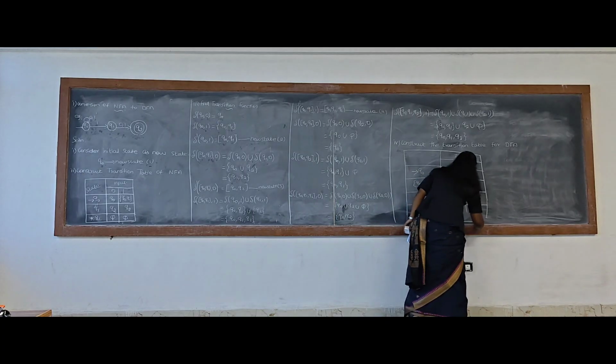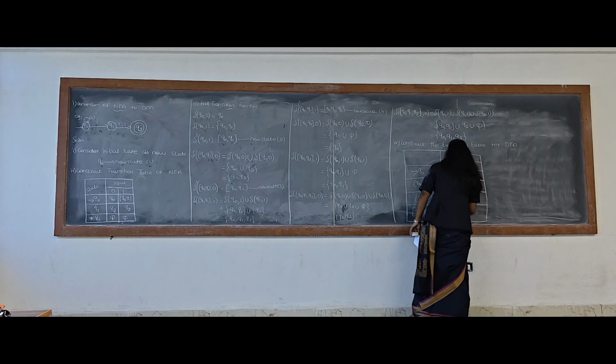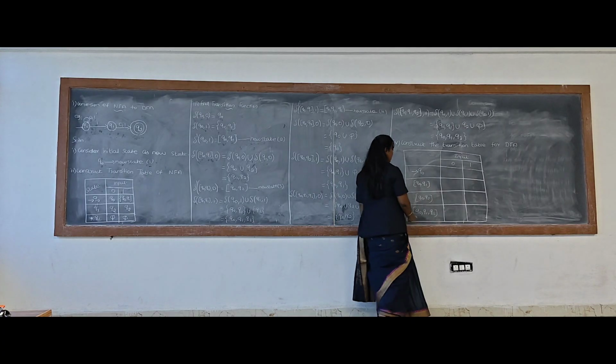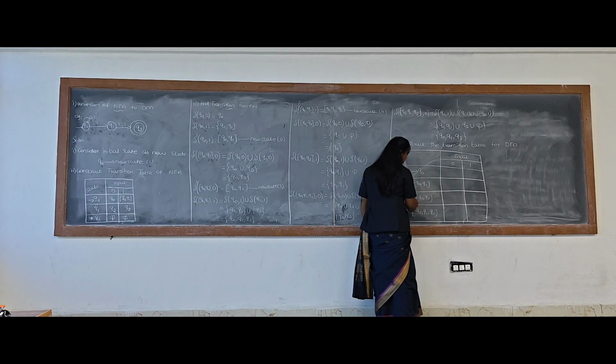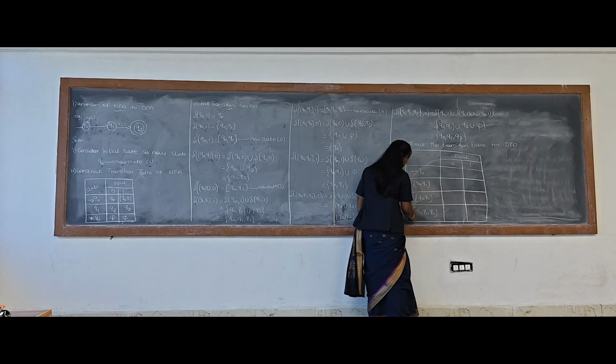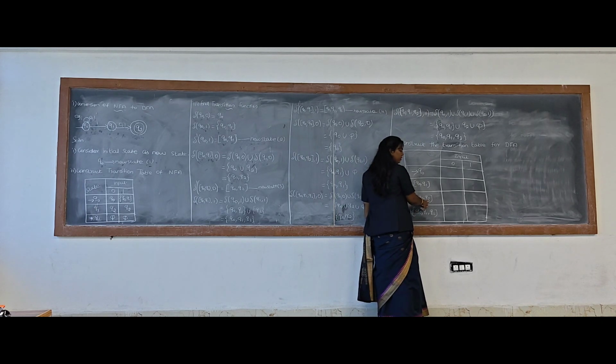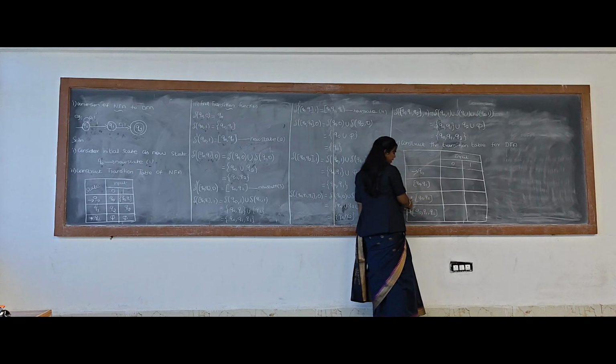So these are the new states. Okay, so here we can consider these two as final states, because these two states contain the final state Q2, right? So we can consider these two as the final states. Okay, now we will fill this transition table.